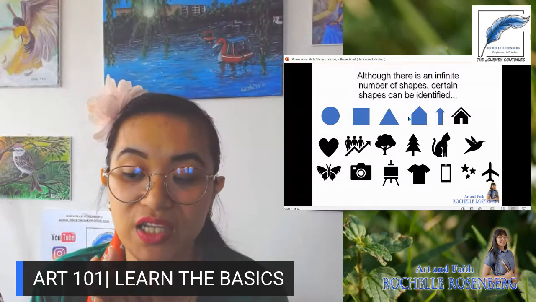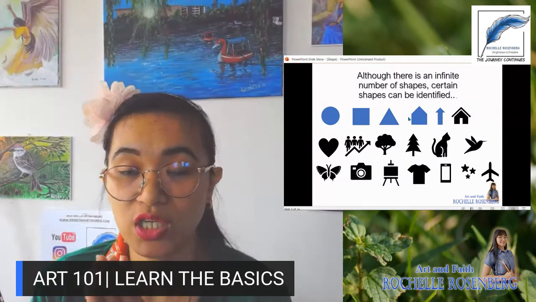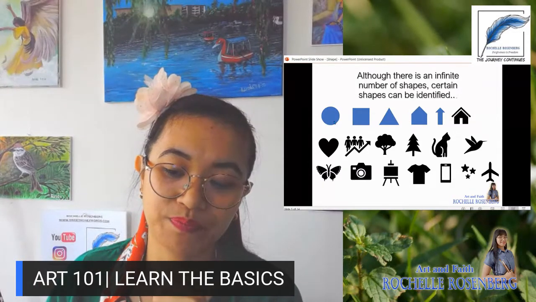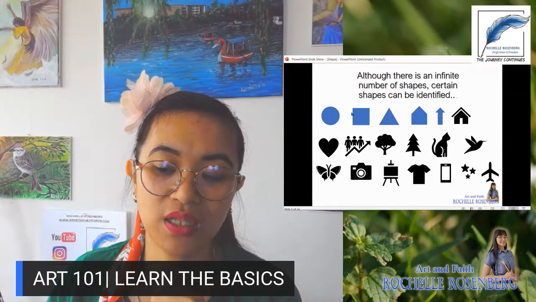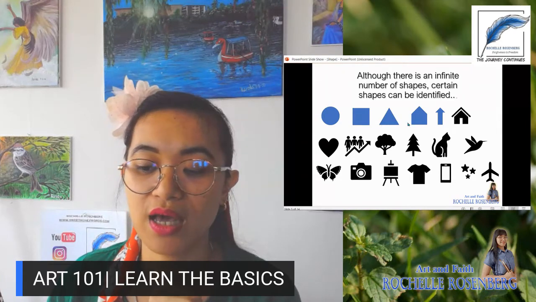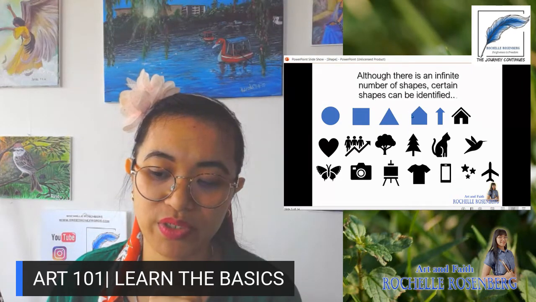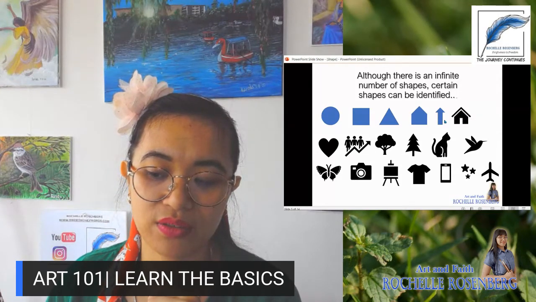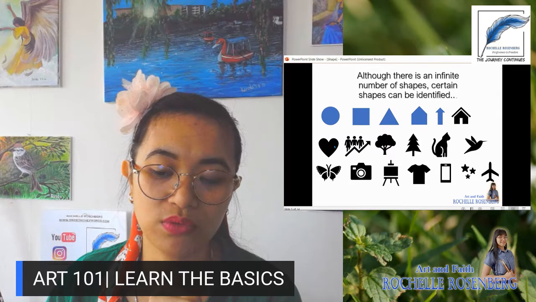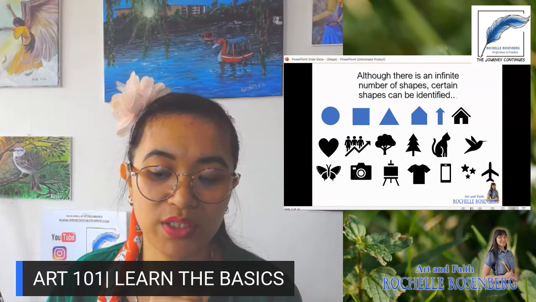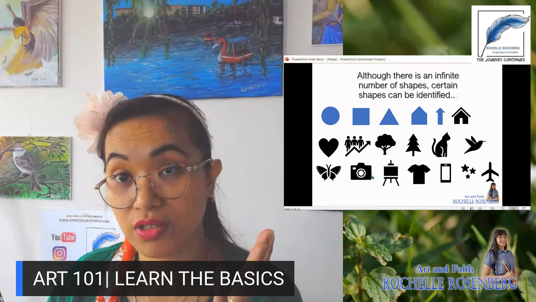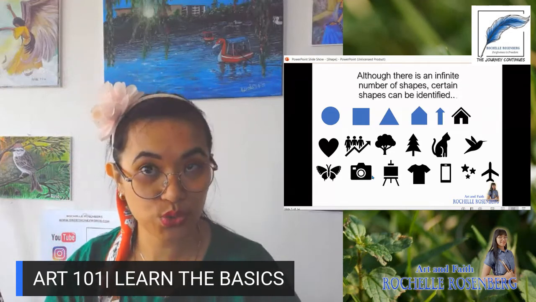Although there is an infinite number of shapes, certain shapes can be identified. It's easy to identify a circle, a square, a triangle. This is supposed to be a pentagon, but it looks more like this. And we have the arrow, the heart, the human shape, and most of nature, animals, and the things we usually use nowadays.